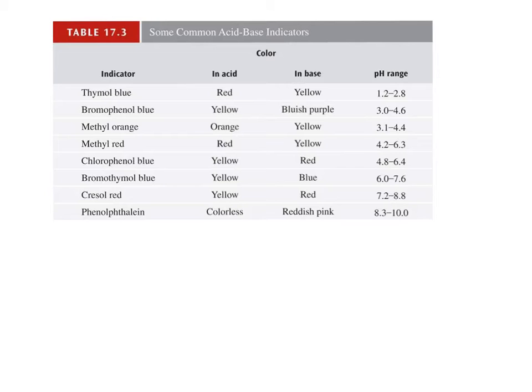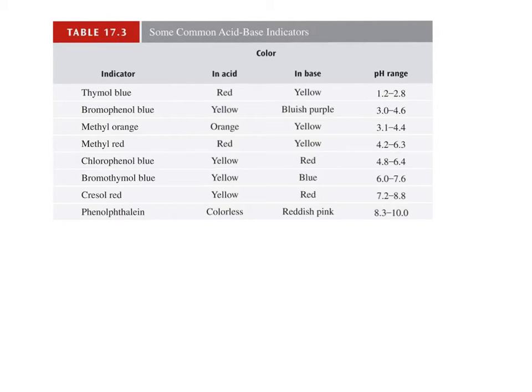Now the phenolphthalein, for instance, notice it has a pH range of about 8.3 to 10 here. That means that if we are to use phenolphthalein, we're expecting our titration to also have an equivalence point within that range, preferably in the middle of this range, right? So say around 9-ish.